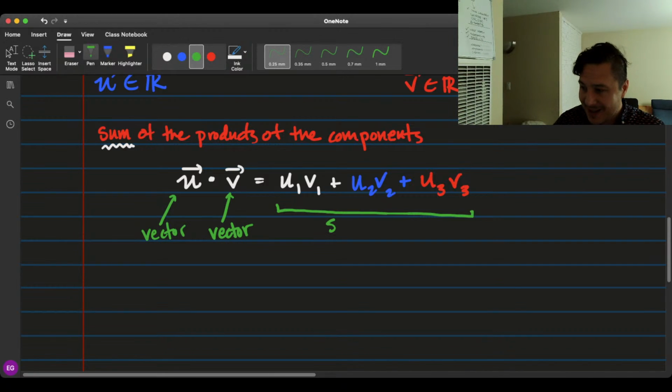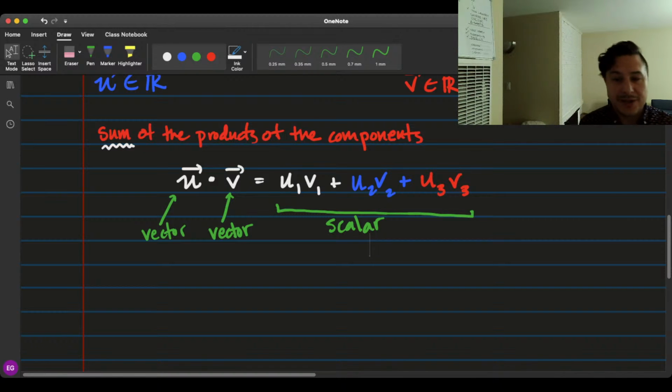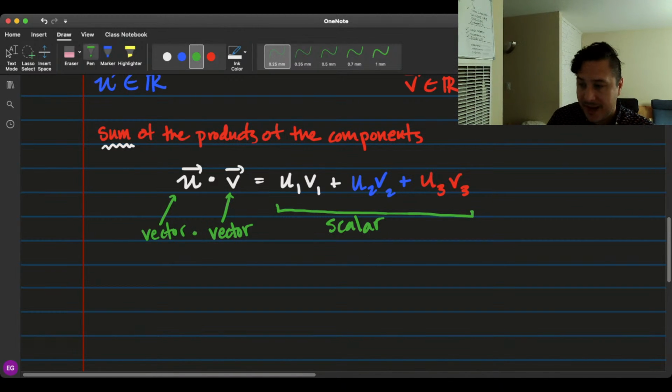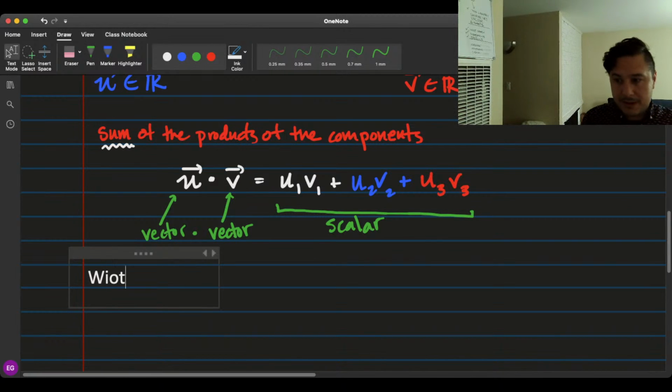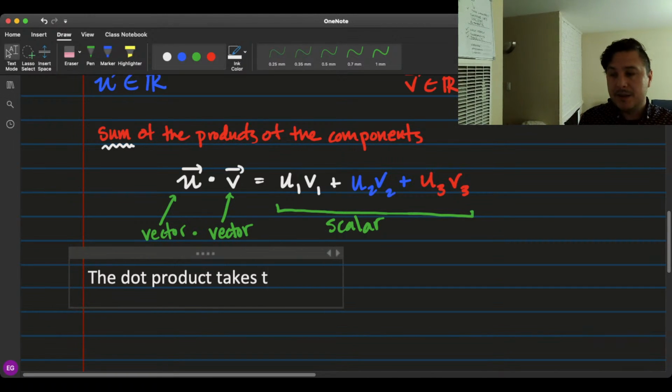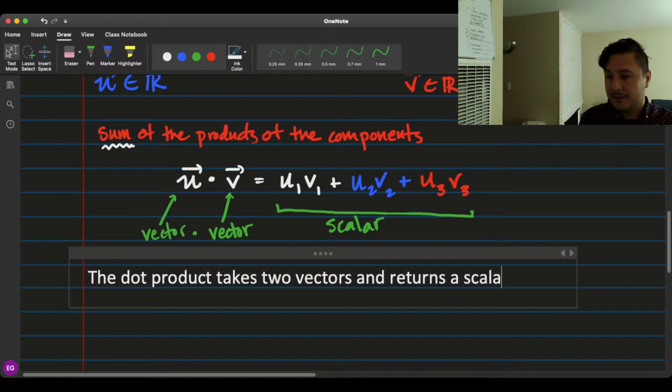Awesome. Thank you. So the dot product is really interesting. You dot product together two vectors, a vector times a vector, and the dot product gives you a scalar. So the dot product takes two vectors and returns a scalar.